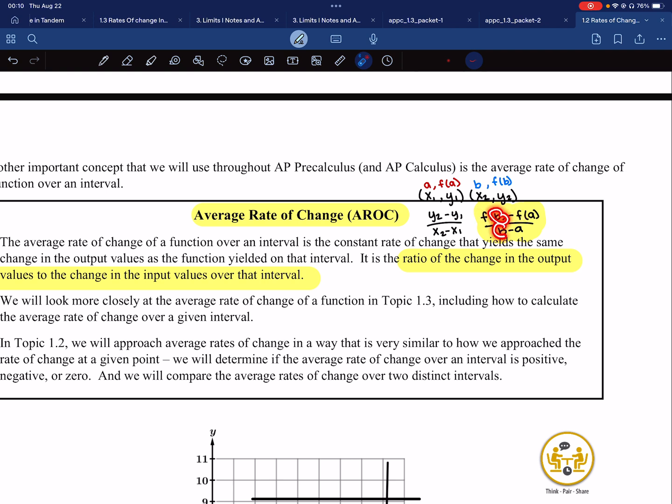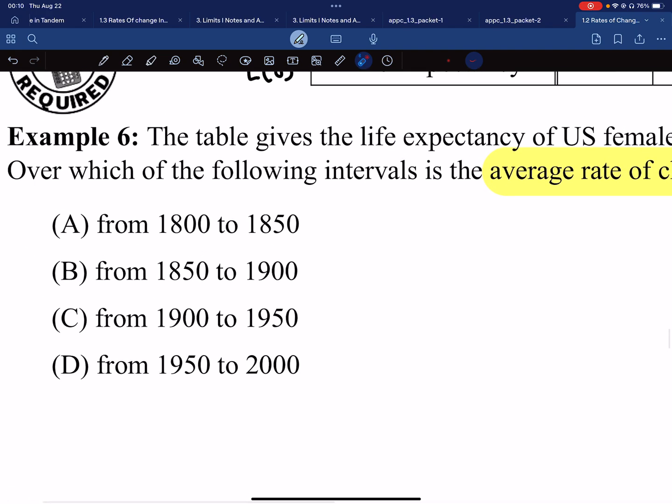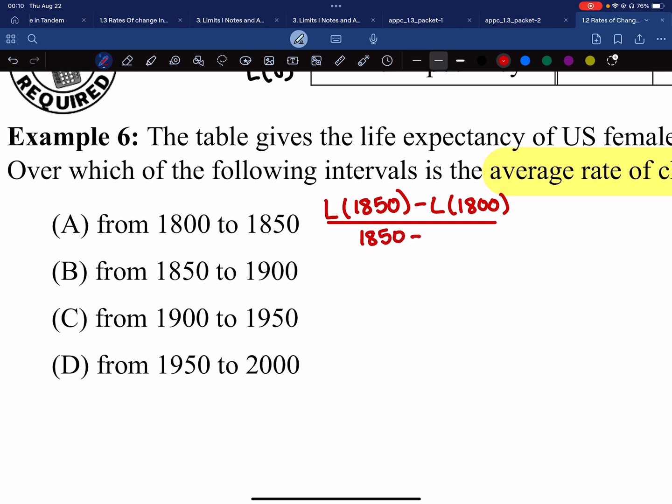And then the a and the b are going to be the numbers from our interval. So if we look, our first interval is from 1800 to 1850. So this is going to be L of 1850 minus L of 1800, all over 1850 minus 1800.